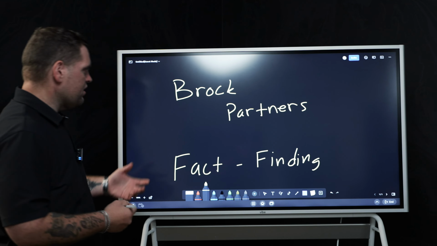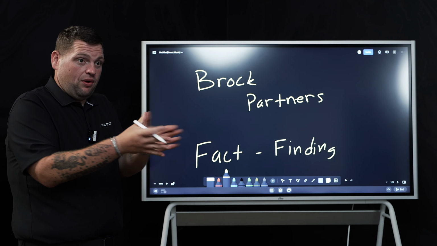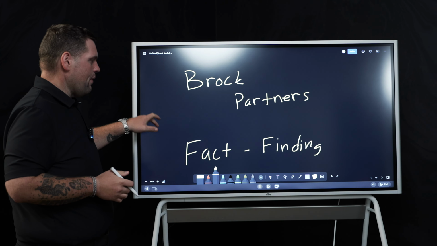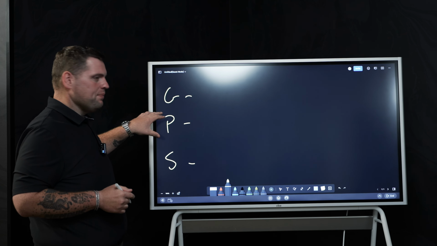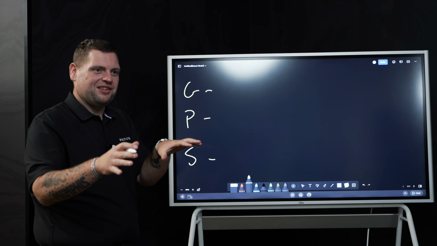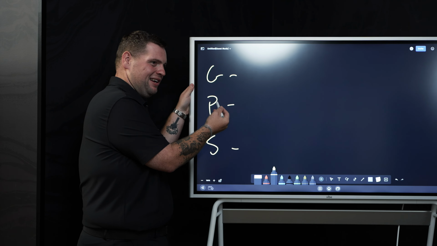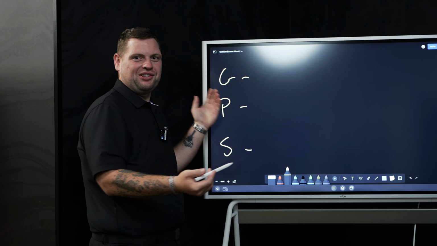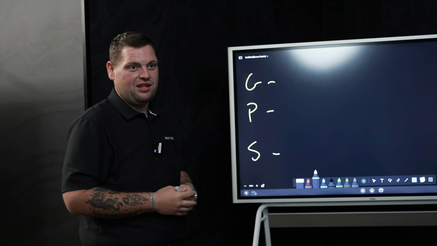So when we're talking about fact finding, we need to label this with something, and this is something I want you four to understand: we're labeling this what we call goals, problems, solutions. I don't know if y'all figured this out already, but that is what? GPS. Now, what does a GPS do? Well, a GPS navigates for you. It shows you which direction that you need to go.